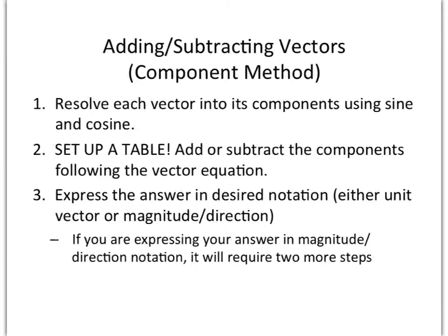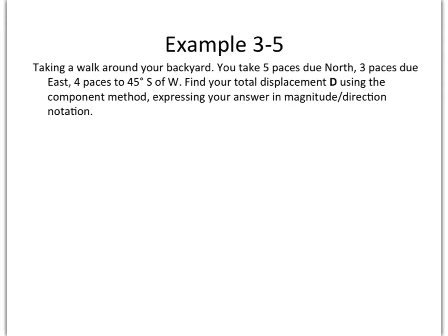So let's go ahead and do example 3.5. Again, this will be number 3.5 for you. All right, so taking a walk around your backyard, you have three different vectors of motion that you take.